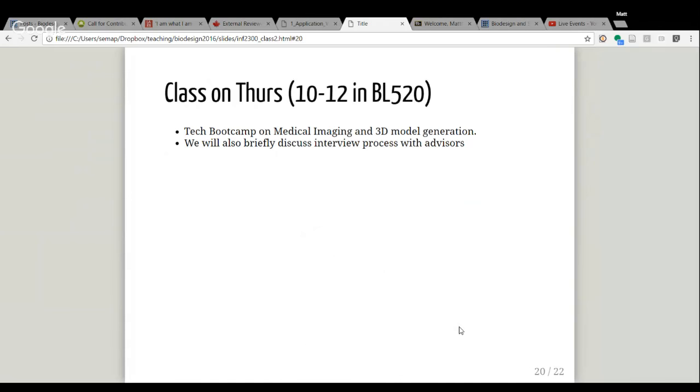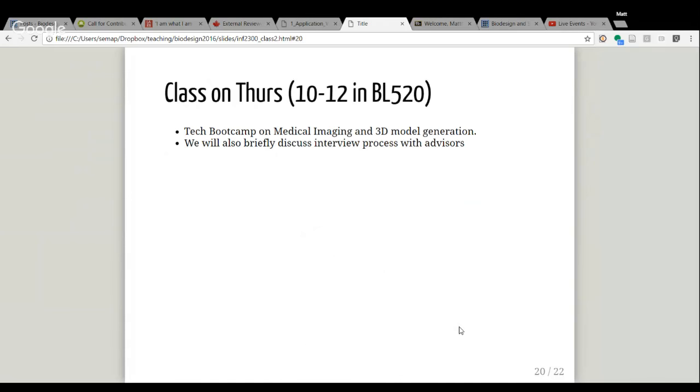And the reason that we're meeting in person this week is both because I think it's good for us to meet now in the beginning part of the class to talk about any issues that are coming up, but also because we're having a tech boot camp on medical imaging and 3D model generation in this period of time. Every team is going to need at least one laptop, but I encourage every team member to bring a laptop.